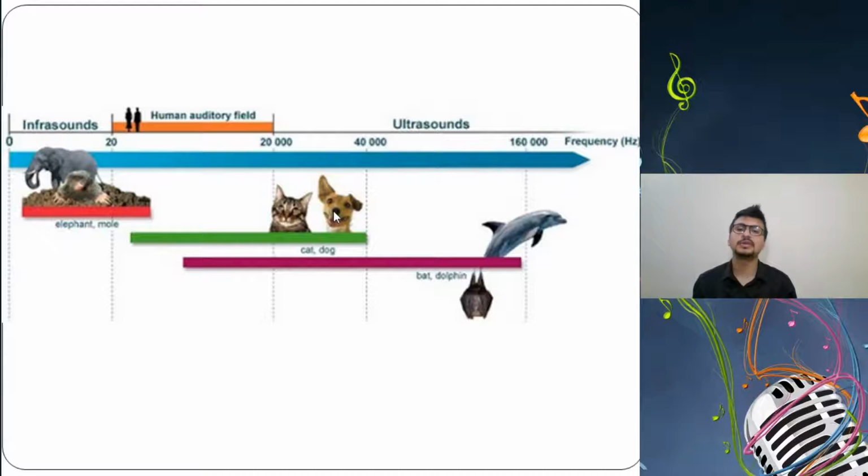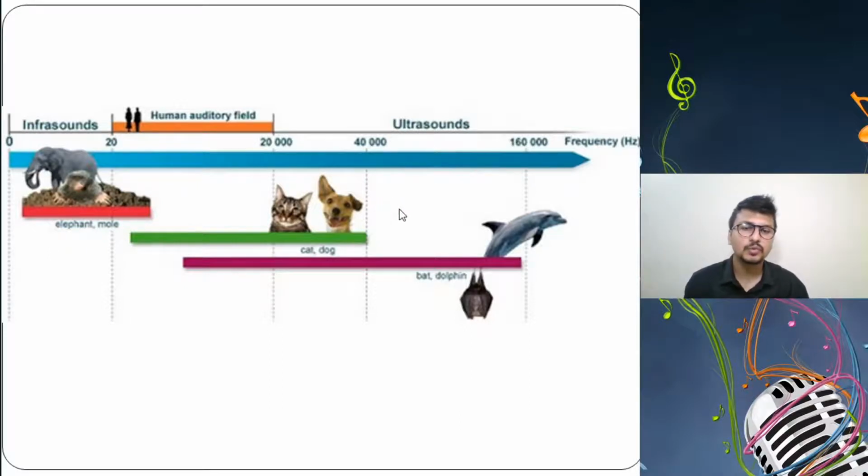Then human beings come to know that an earthquake is happening. Dogs and mice come to know a little earlier, because they have audio sensation at a higher frequency, 20 to 40,000 hertz, which is higher than human beings.